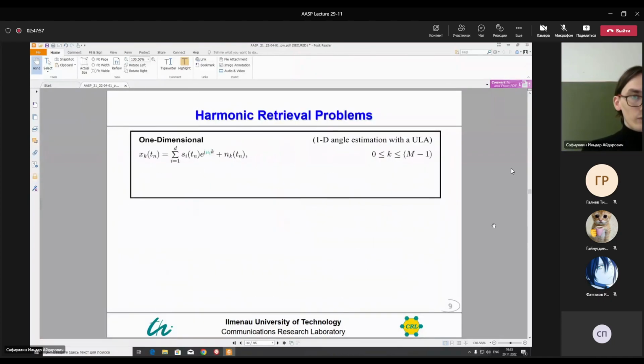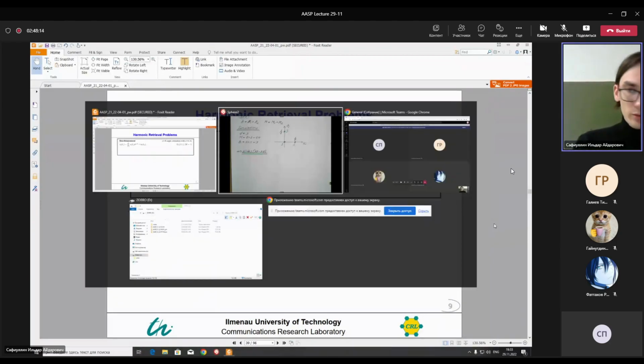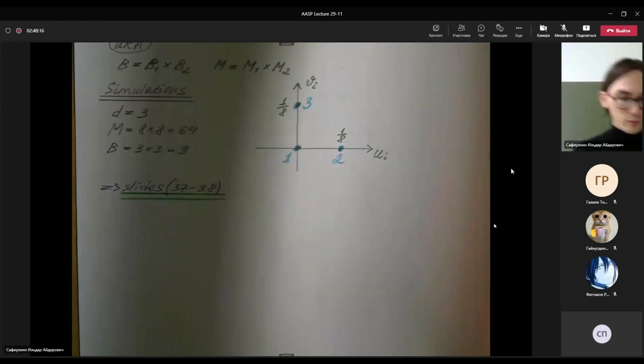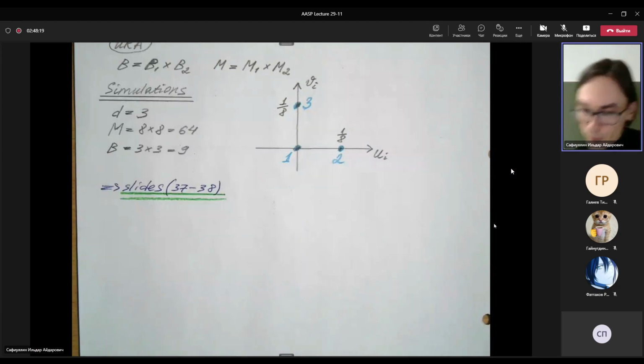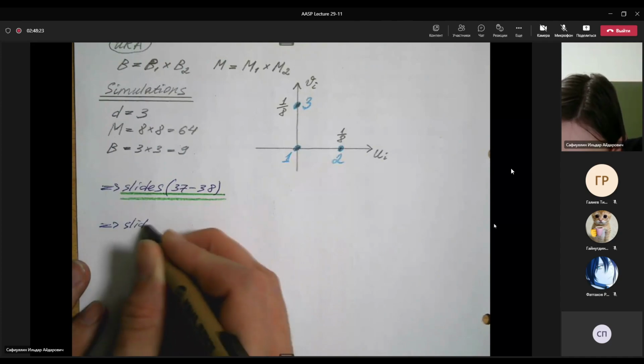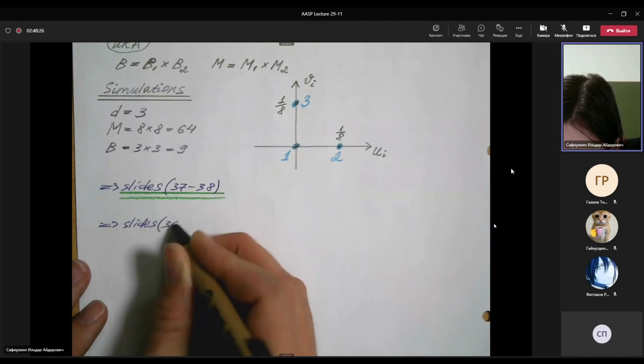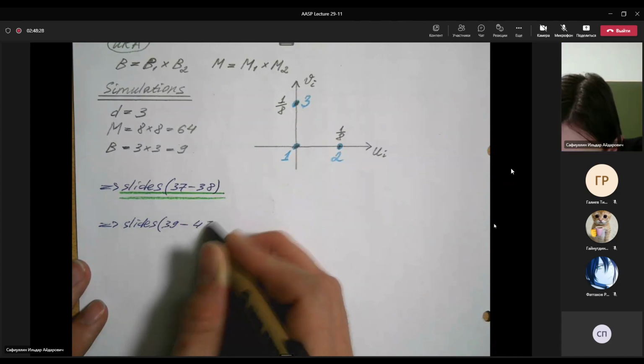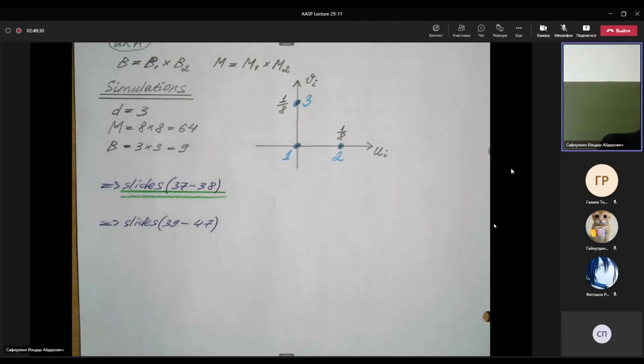Next, we go to the harmonic retrieval problem for slides 39 up to 47. So let's write down this thing. We have on our slides 39 up to 47.